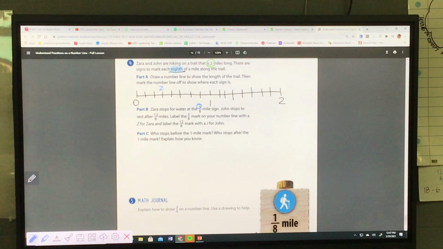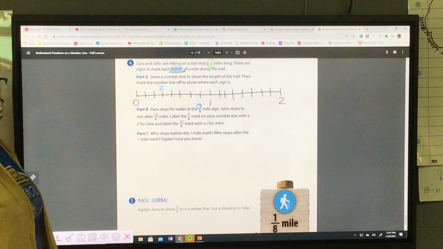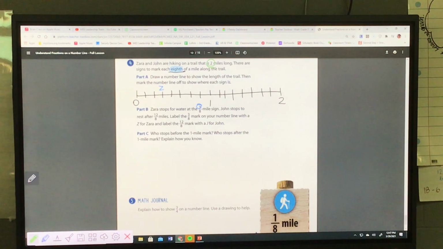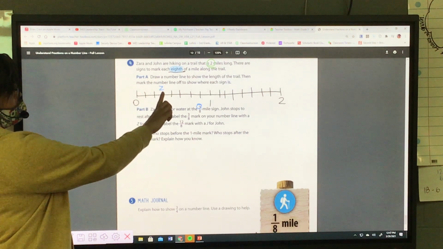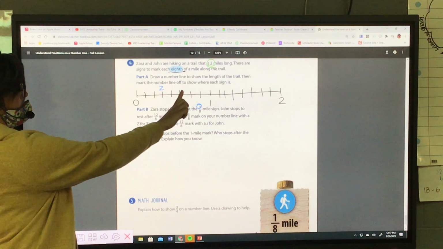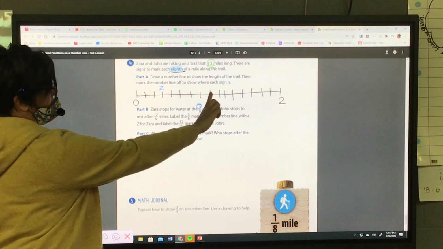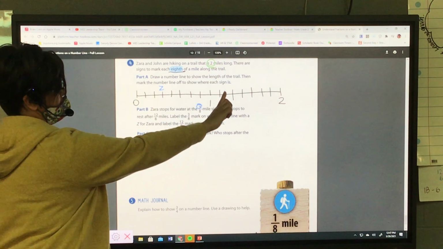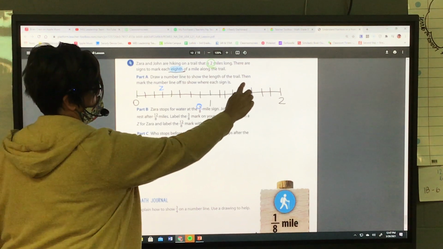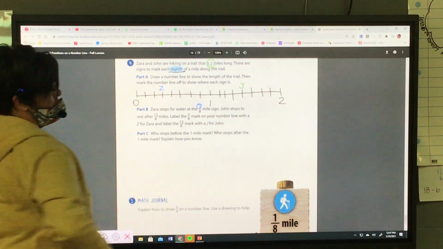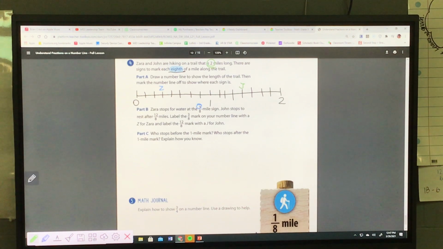Now find the 12/8 spot. We're just going to keep counting across, aren't we? So I'm 1, 2, 3, 4, 5, 6, 7, 8, 9, 10, 11, 12. So we labeled that with a J for John.